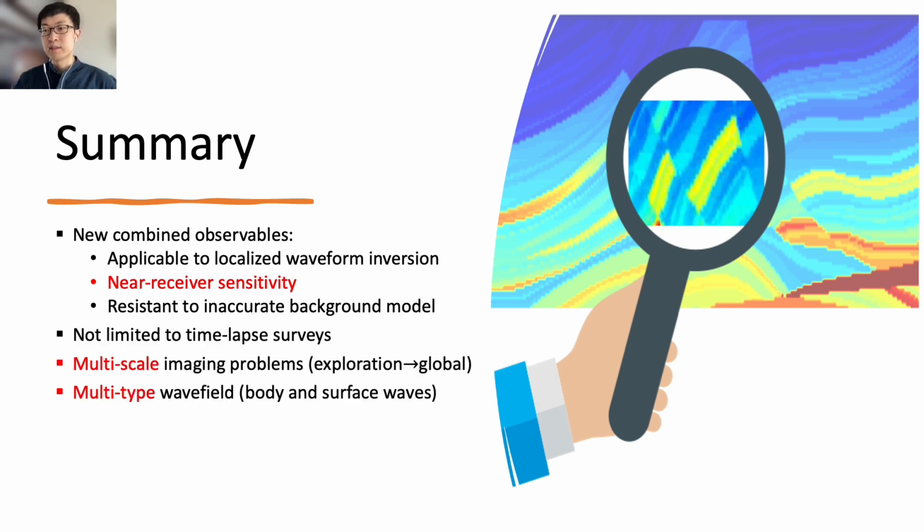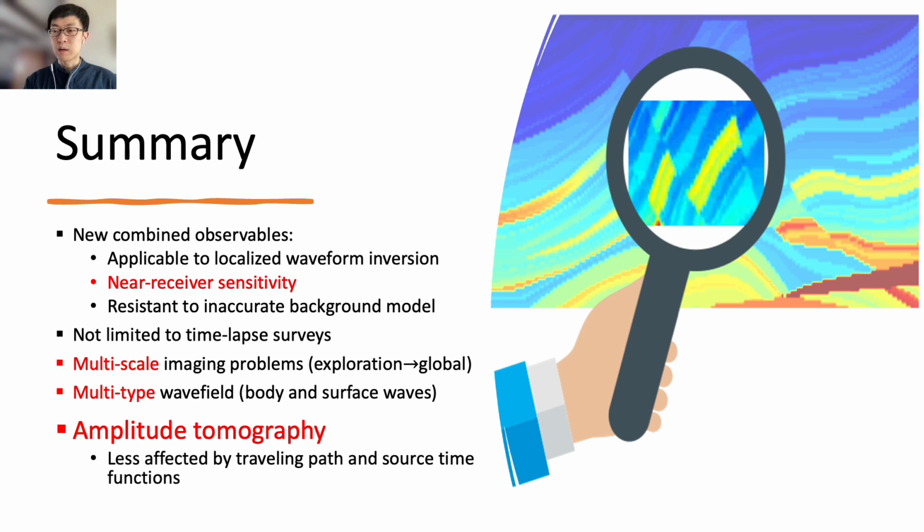In fact, this concept is not limited to time-lapse surveys in exploration seismology. It also applies to large-scale structure inversion with multi-type waveforms. The combined observable used in these studies enables seismic tomography without travel times. Due to this fact, the influence of traveling paths and inaccurate source time functions or positions can be mostly mitigated.